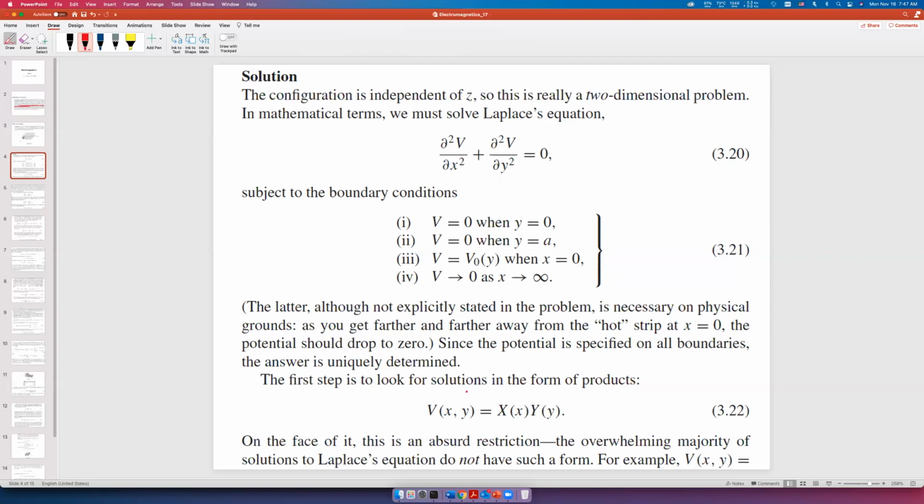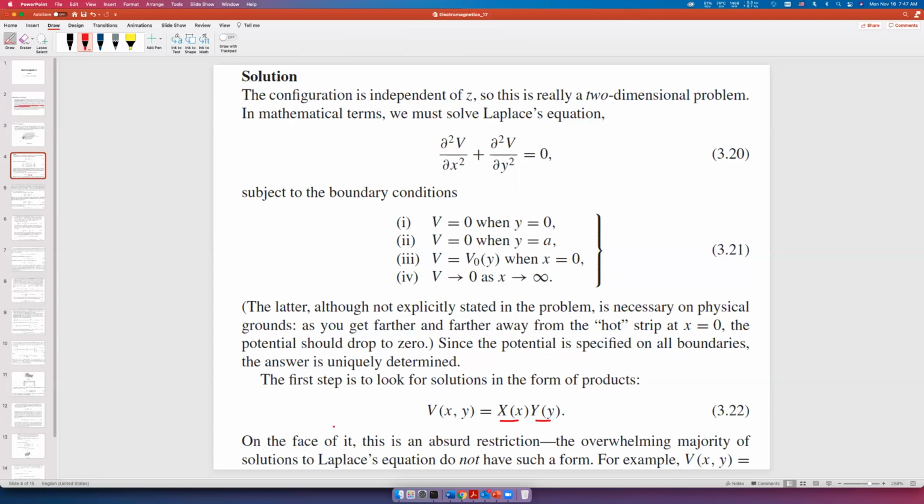Then we can write the solution V(x,y) as a product of two functions, X(x) Y(y). X is a function of x, and Y is a function of y.